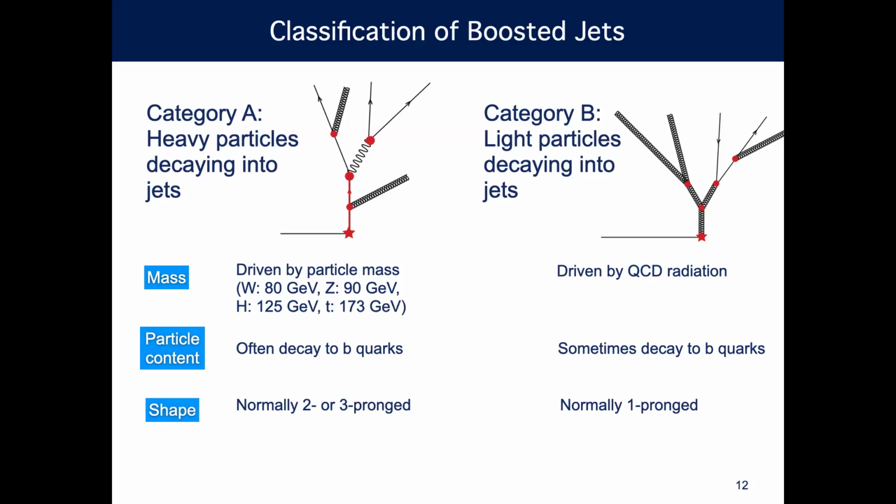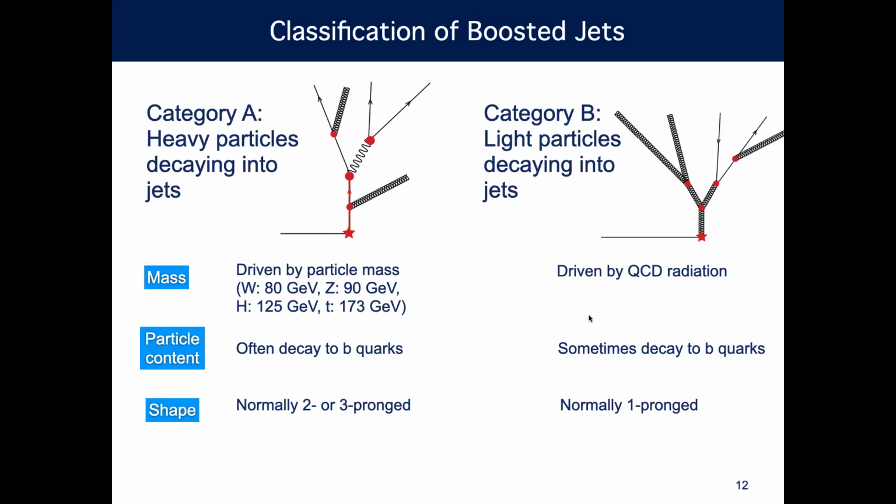And then there are also extensive differences in the particle content. They often decay to B quarks, which is good because B quarks have a lifetime, and lifetime can be identified by the experiments. So that's extremely important. And they also have a substantively different shape. It's either 2 or 3 pronged, depending on what you're looking at. So it could be Higgs to BB bar, which is 2 pronged, or Z to BB bar, or Z to something, 2 prongs. Top quarks to B plus W can be 3 prongs.